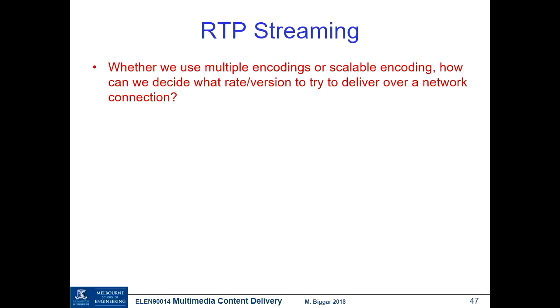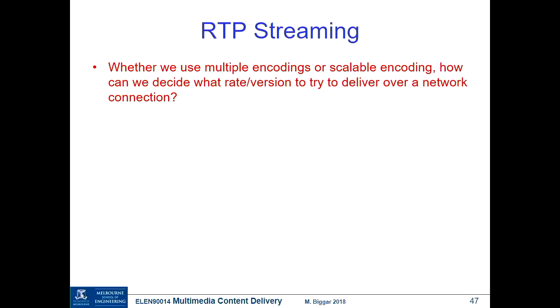there's another issue with RTP, which is how we decide what bitrate to send. Because UDP will send whatever bitrate we give it. There's no flow control, no congestion control. So we can be as nasty as we want to the other people who are using the network. We just send whatever rate we can. As I said, TCP has this mechanism where it slowly ramps up the amount of data it's sending, if it's sending a large file, of course.